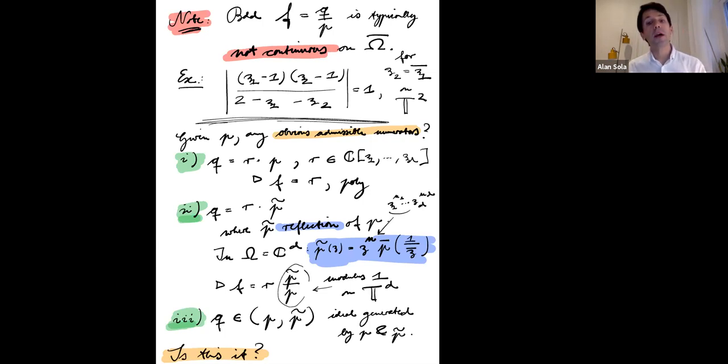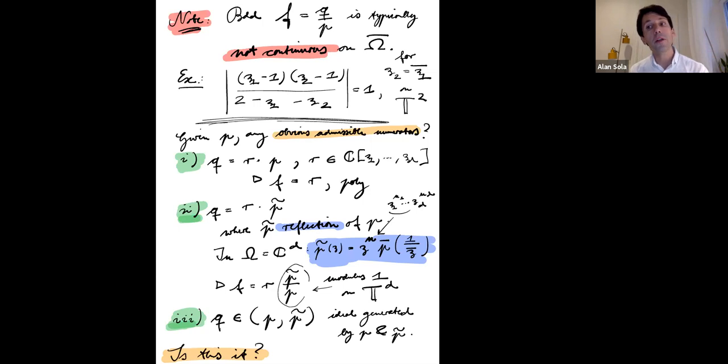So one thing that is perhaps a little bit more interesting is doing the following. I'm going to pick Q as a polynomial multiple of a certain polynomial P tilde, which is built out of P. So how do you get this P tilde polynomial?